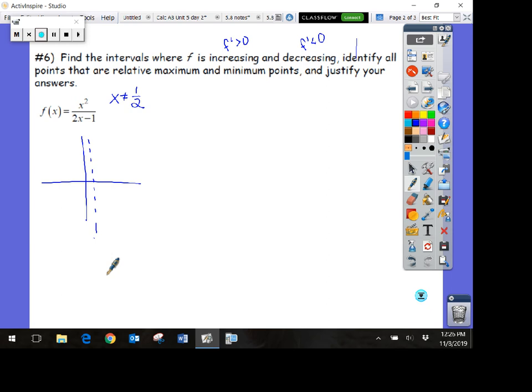So again, just a reminder about long division, because that pops up every once in a while also. x squared divided by 2x minus 1. I like putting the degrees all the way out to the constant. So 2x times what is x squared? That's going to be 1/2 x.